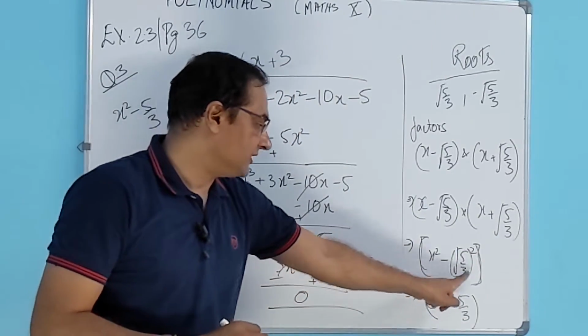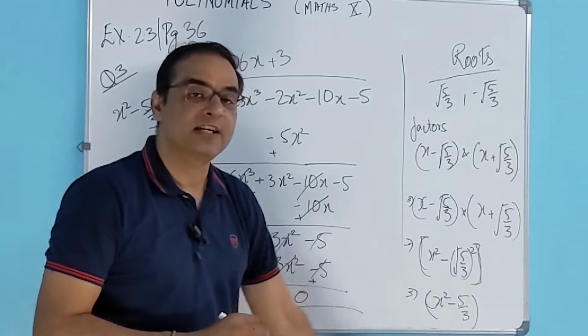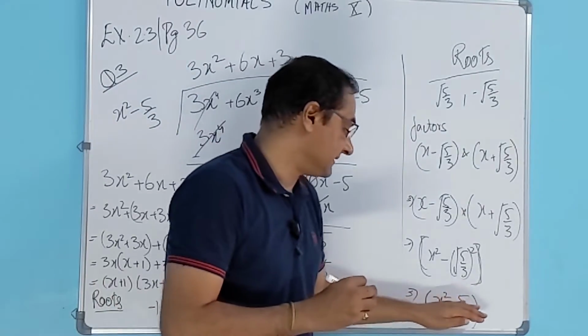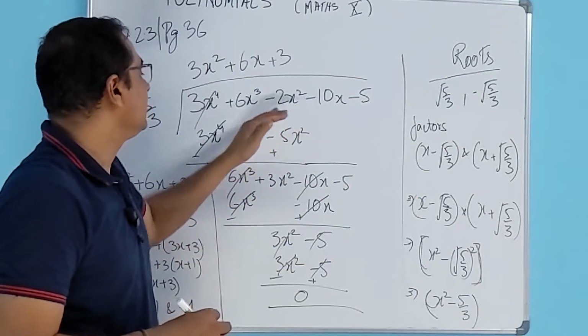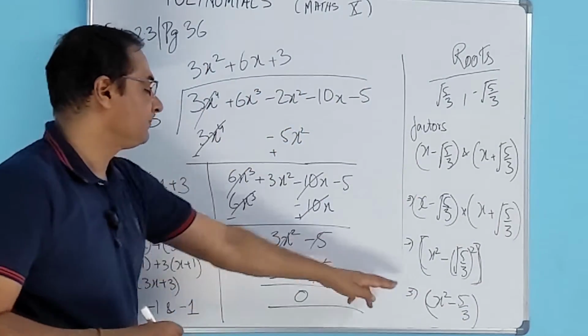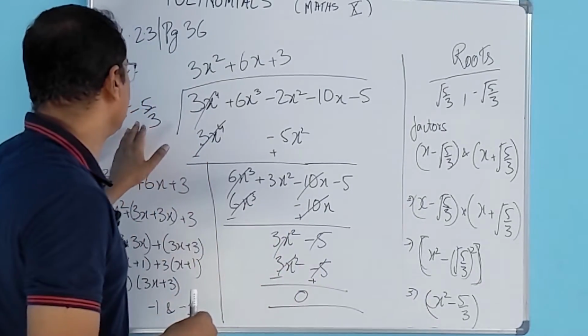So the value of this polynomial when we multiply these two factors becomes x square minus 5 by 3. We already know this is a factor of this polynomial because we have derived it from the roots. Let's divide this big polynomial by this factor, the quadratic polynomial.